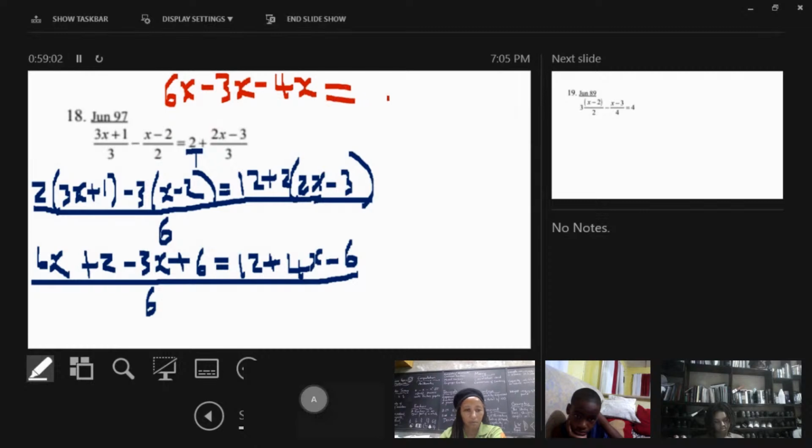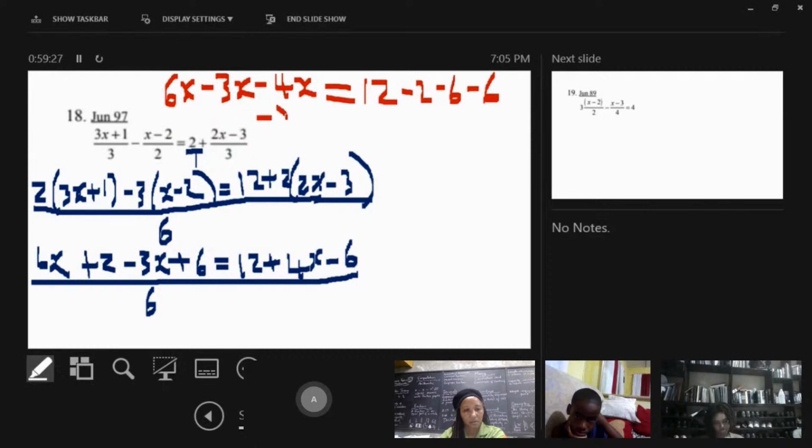And then we bring everything else to the other side, so negative 12 minus 2 plus 6. So that's going to be 6x minus 3x minus 4x.